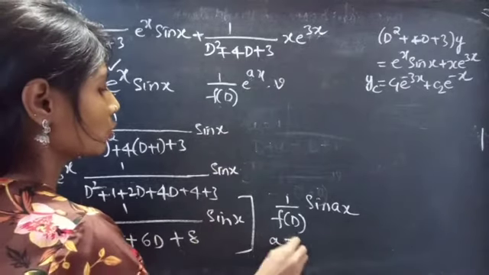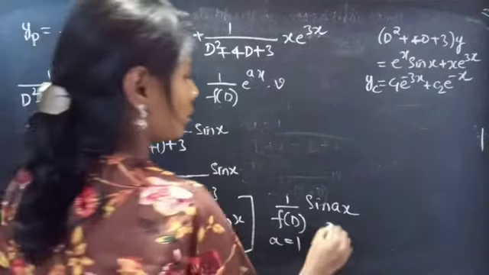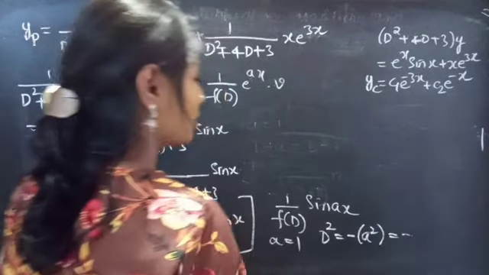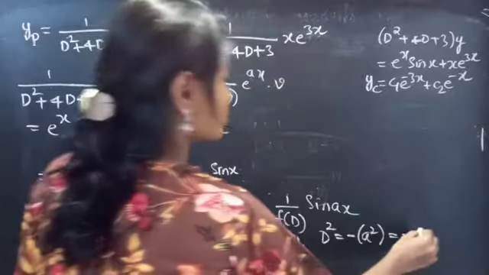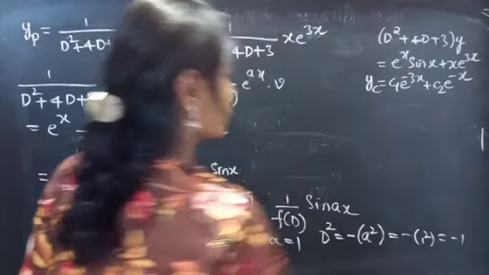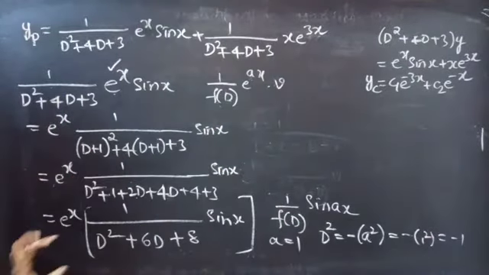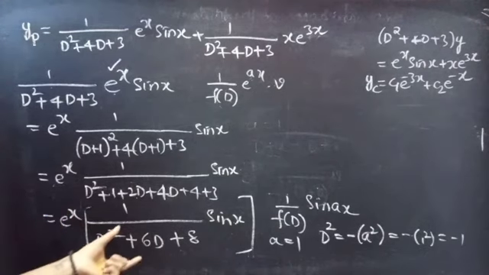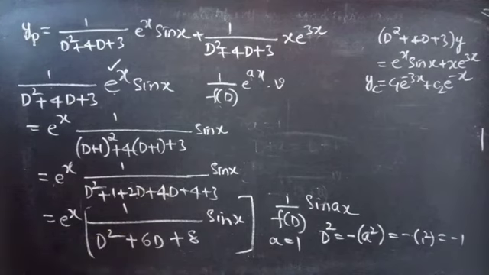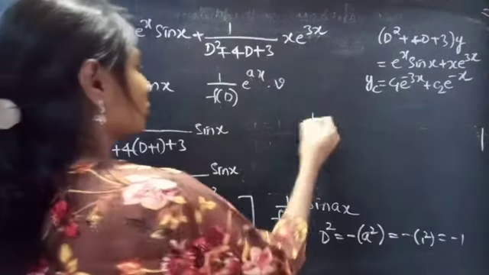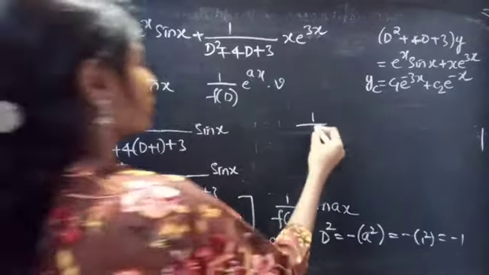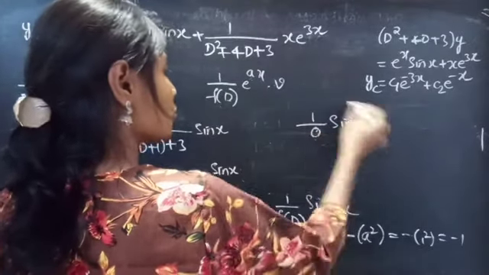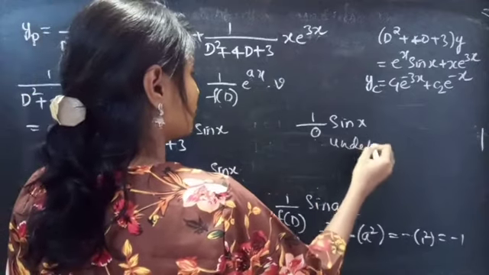Then for a equals 1, we need to find D square, which is given by minus a square, which for a equals 1 gives minus 1 square, equal to minus 1, right? Now, by replacing D square with minus 1, the denominator must be non-zero. If you get 0, the term becomes 1 by 0 into sin x. Since 1 by 0 is undefined, the total term becomes undefined, right?